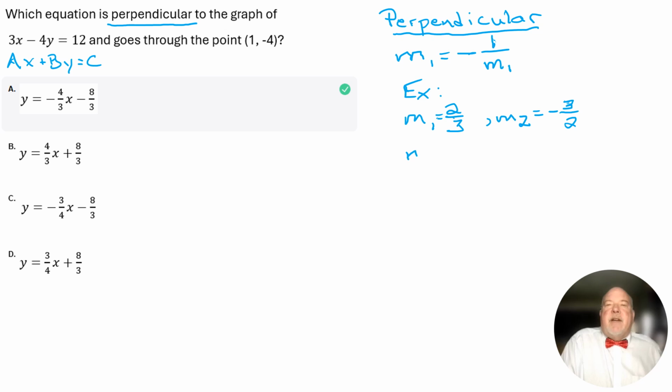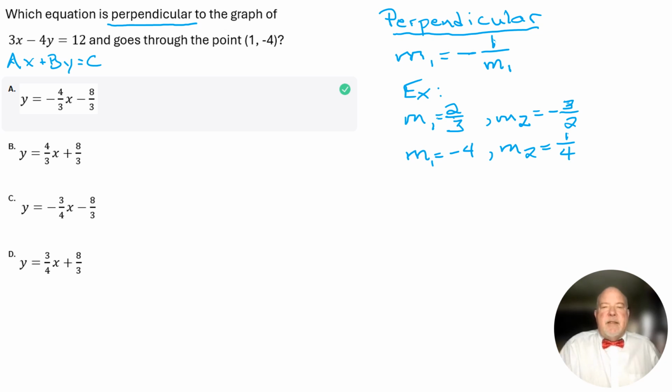Another example, if I had a slope of -4, that's slope number 1, then for slope number 2, I'd change it from negative to positive and flip it over, and I'd get 1/4. So perpendicular lines have slopes that are opposite reciprocals of each other. Once we find the slope of the 3x minus 4y equals 12 equation, we'll just do the opposite reciprocal and then we'll know the slope of our new line.